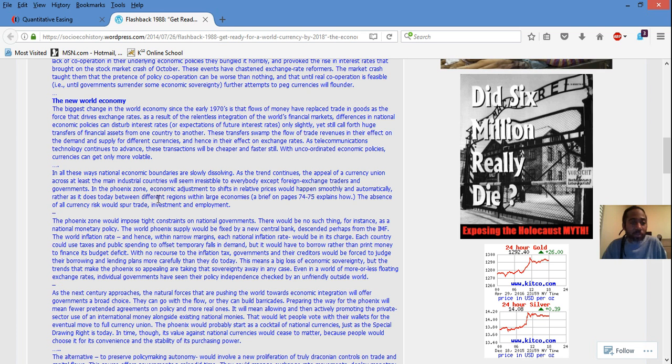In the Phoenix zone, economic adjustment to shifts in relative prices would happen smoothly and automatically, rather as it does today between different regions within large economies. The absence of all currency risk would spur trade, investment, and employment. Now, it says the absence of all currency risk would spur trade.